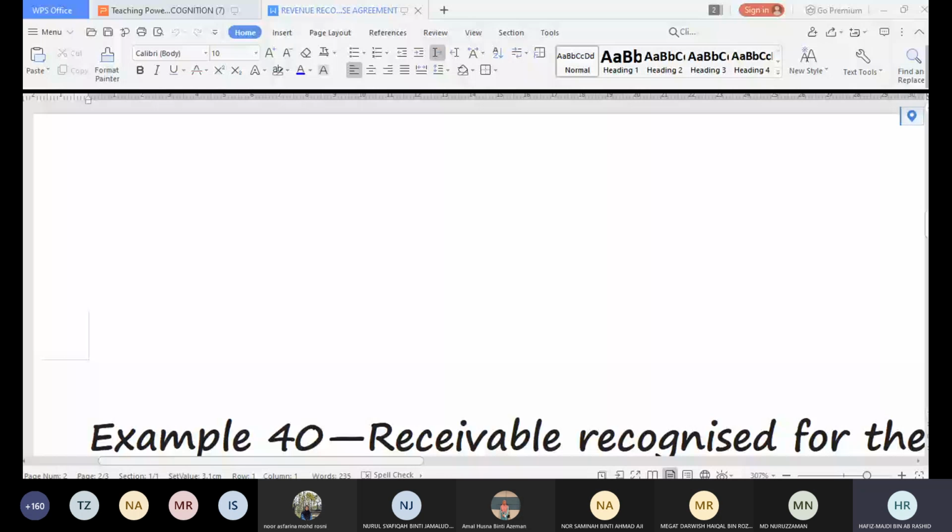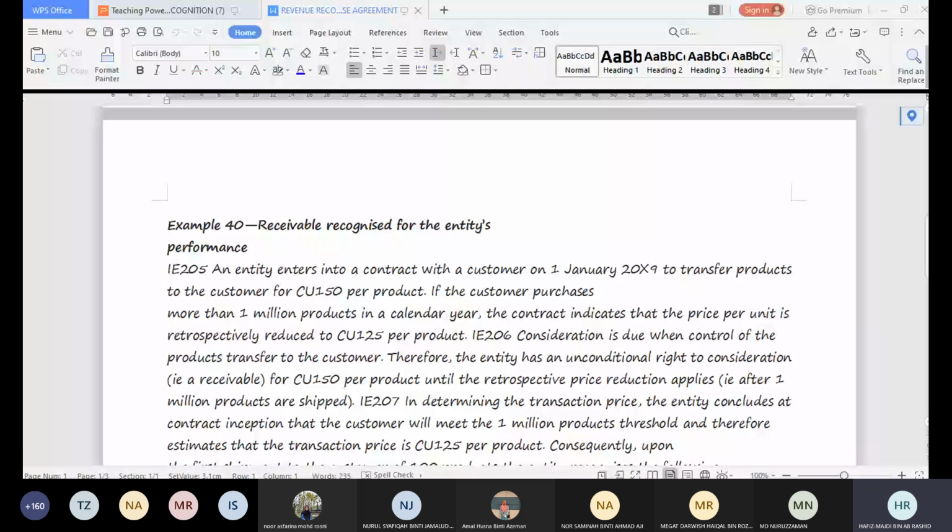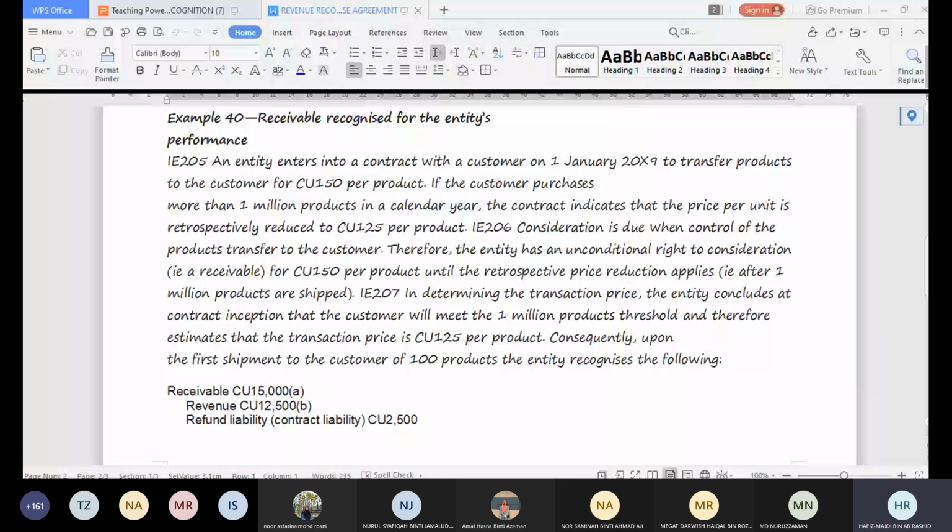If you want more illustrative examples, you can go to the MASB illustrative examples for MFRS 15. If you look into example 40, it's almost the same issue as what has been explained in example 7.4.